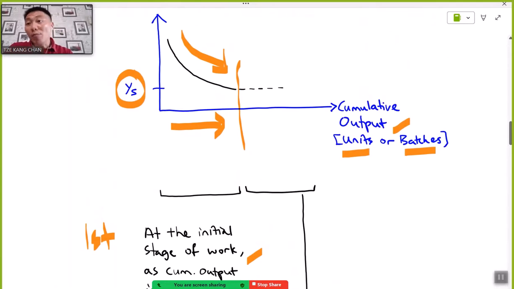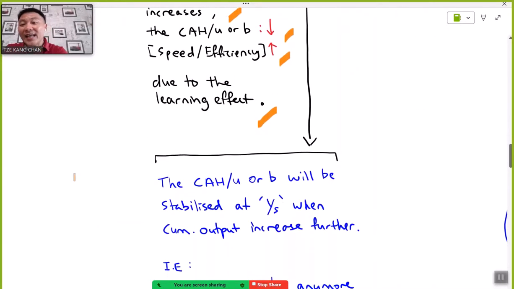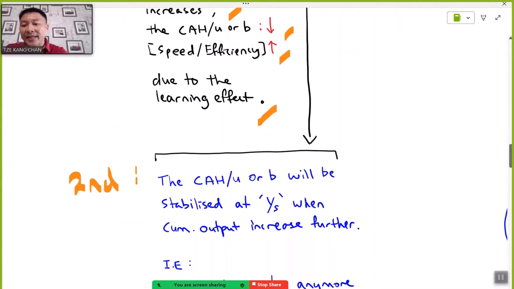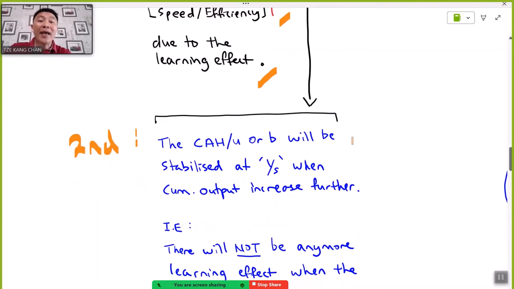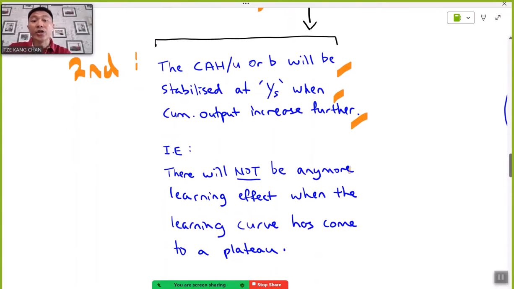However, the moment the workers have picked up all the necessary skills and experience, there is no further room for improvement. That's where the second phase sets in. The cumulative average hours per unit or batch will now be stabilized at YS. Whatever the output increases to further, there will be constant speed and efficiency. This is a stage where there are no more learning effects because the learning curve has reached its plateau.